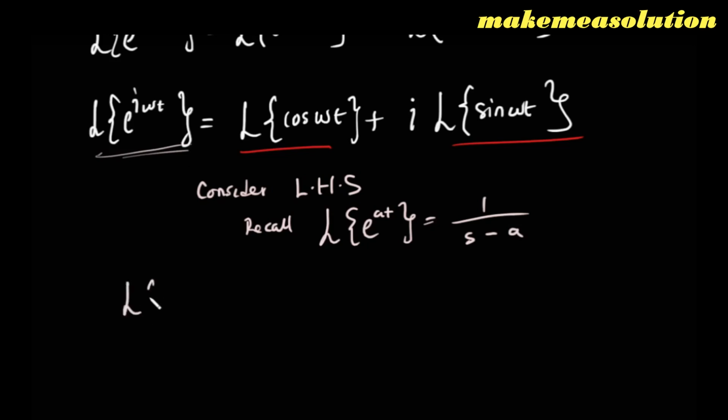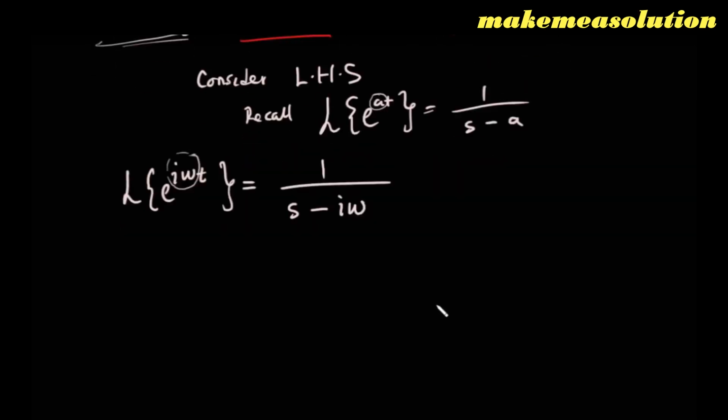The Laplace transform of exponential i omega t is going to be 1 all over s minus, the whole of this is acting as a when you compare it with this one, so you have i omega. Is that okay?